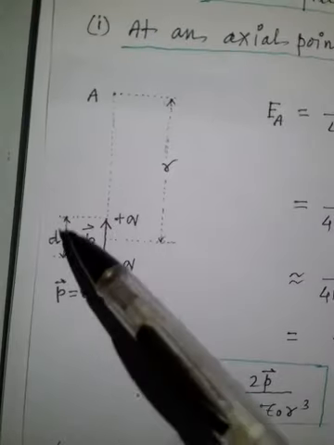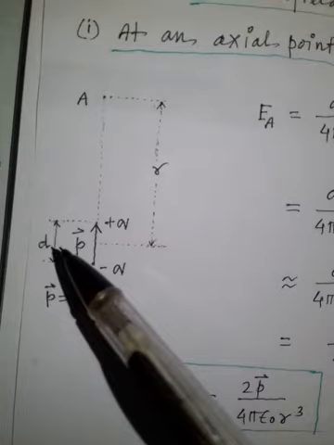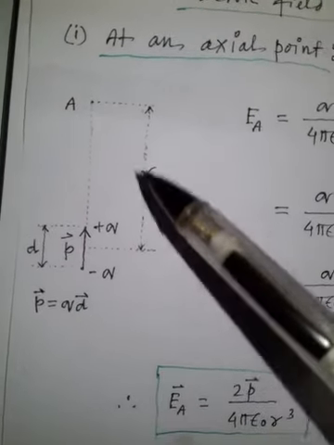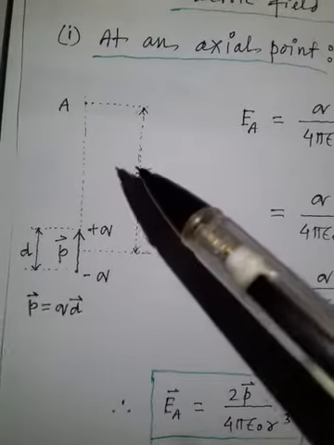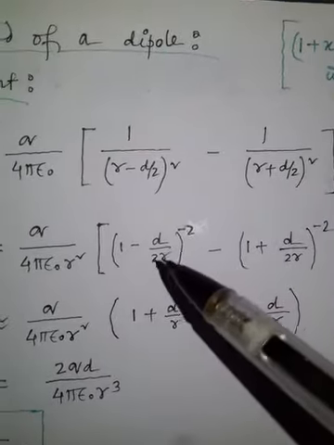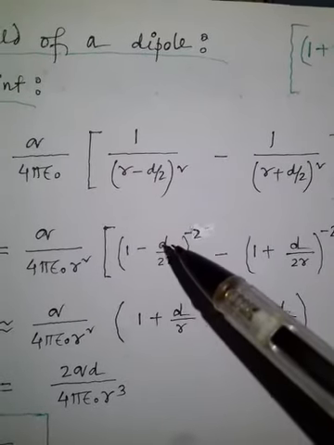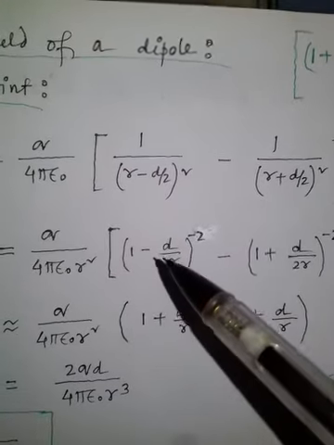D is very small. It is of molecular dimension, of the order of angstrom, whereas r is the distance of the field point. So r is very large compared to d. So d by r is very small. So d by 2r is very much smaller than 1.